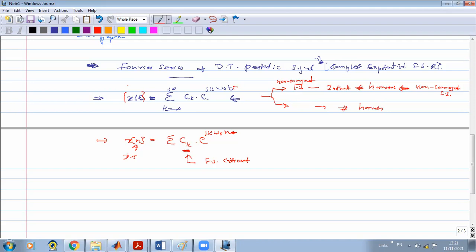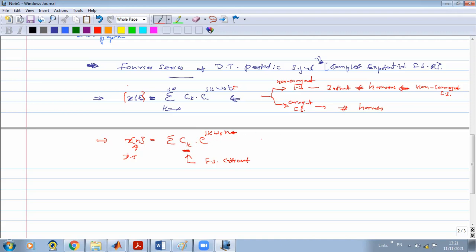We call it a convergent Fourier series, because it converges to a finite value. When we analyze more, you can understand it.